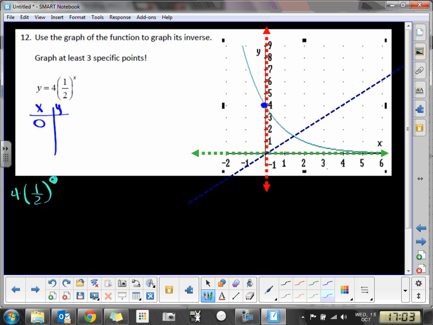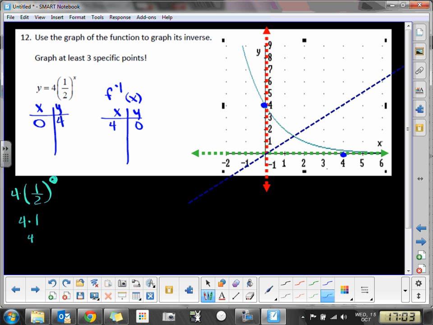Anything to the 0 power is equal to 1, so 4 times 1 is 4, so it looks like that was pretty accurate. When you put in a 0, we get a 4. So when we think about graphing our inverse function, we have to make sure that 4, 0 is going to be on our graph. There is the inverse ordered pair of 0, 4.